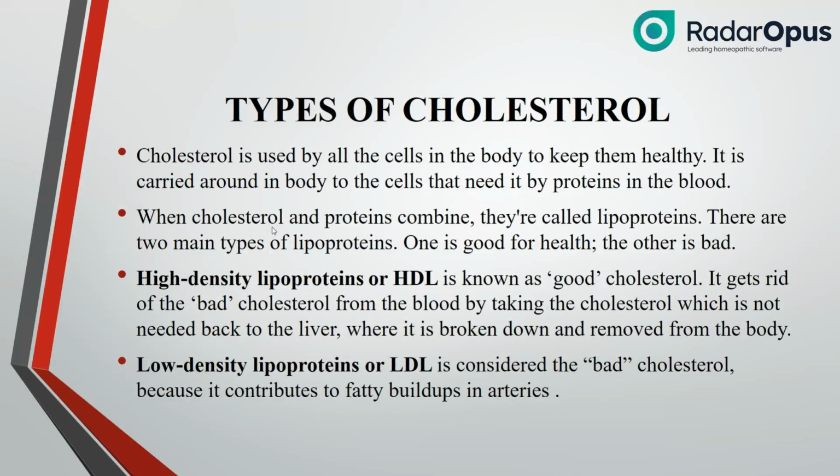One is good for health and the other one is bad. So firstly, talking about the good one, high density lipoprotein or HDL, which is known as the good cholesterol. It gets rid of the bad cholesterol from the blood by taking the cholesterol which is not needed back to the liver, where it is broken down and removed from the body.